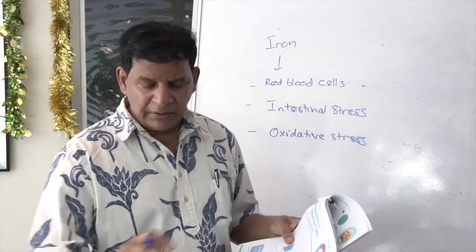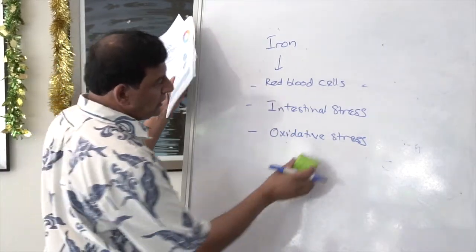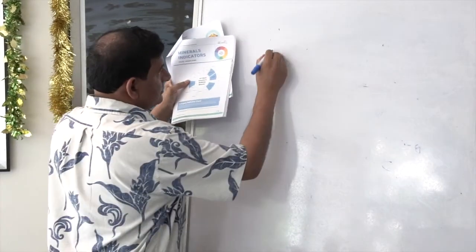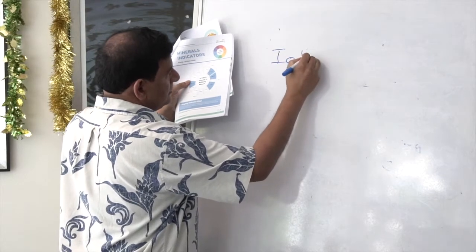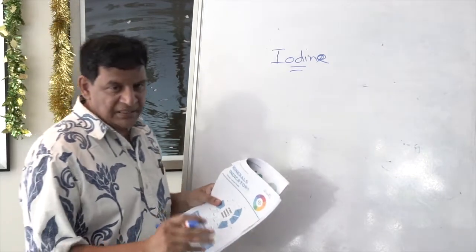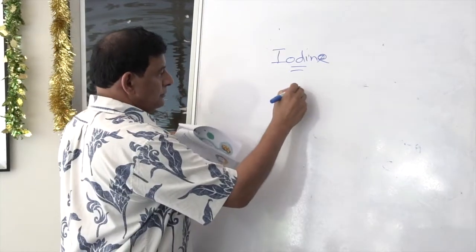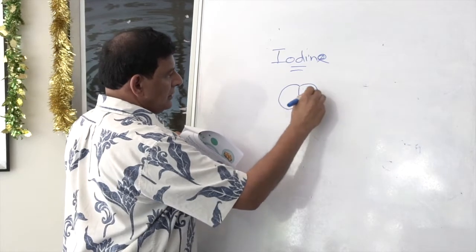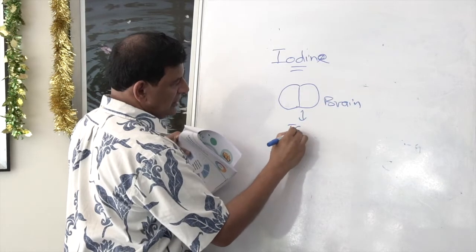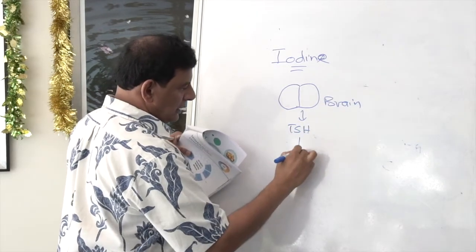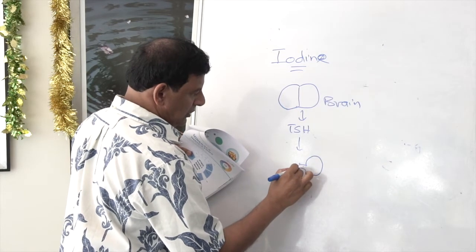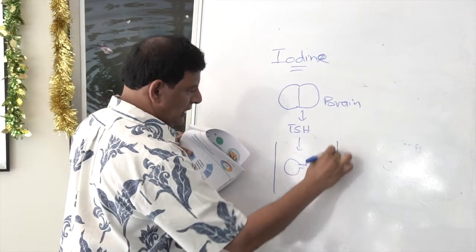The other common deficiency I see is iodine deficiency. Iodine deficiency is basically that this is our brain. Brain sends a signal called TSH, thyroid stimulating hormone. It activates a hormone release from the thyroid. This is our neck.